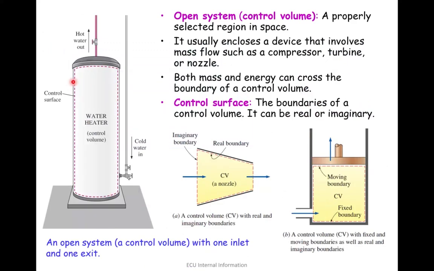For example, this is an open system. Why? Because this is the control volume, and you can see it as a hot water system. Cold water can come in and hot water can go out, so mass is crossing the boundary of this system. Then we call it an open system. Or again, flow through this nozzle is called an open system.